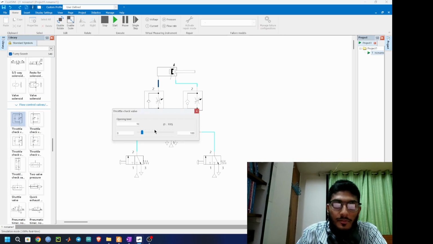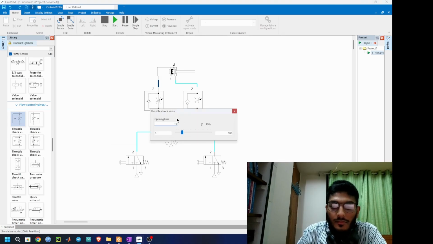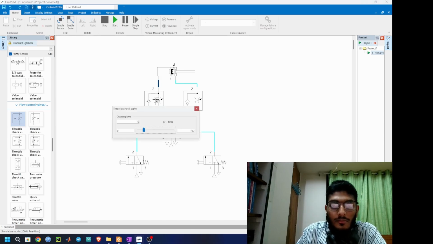Let's make this 10. Also, this is much more restricted. What about 15? Let's see. Oh, it didn't do well.